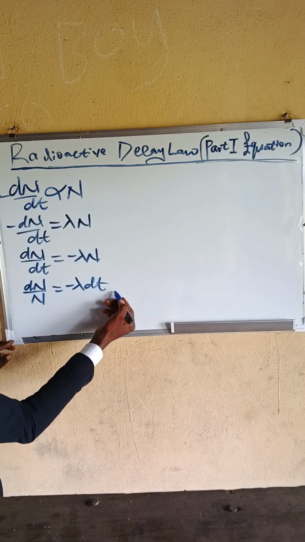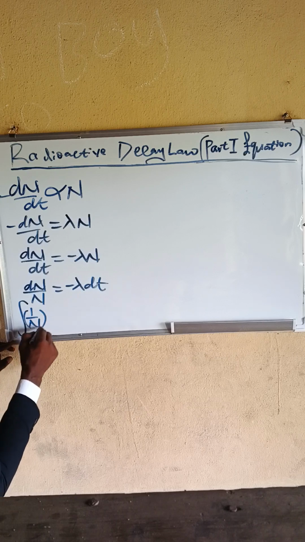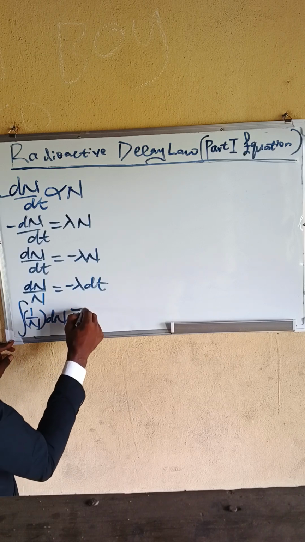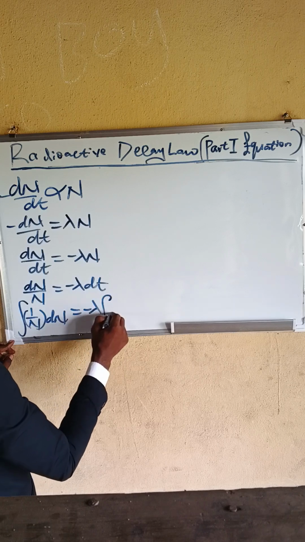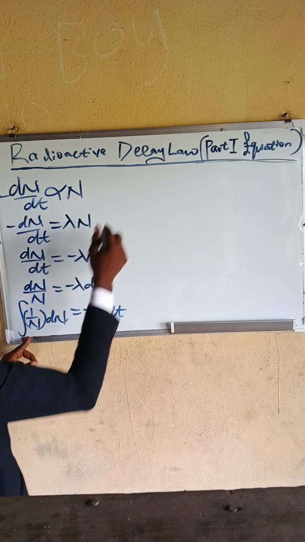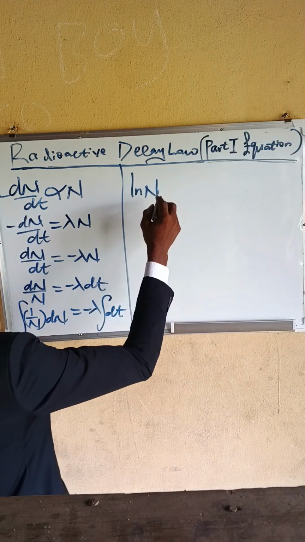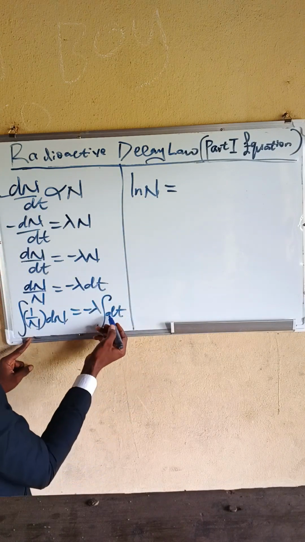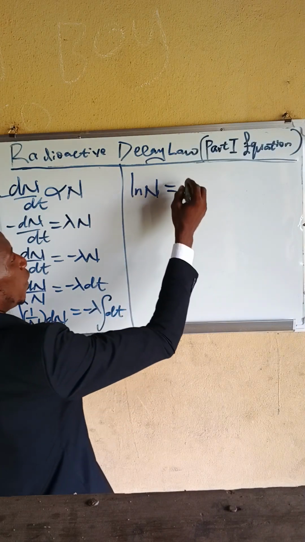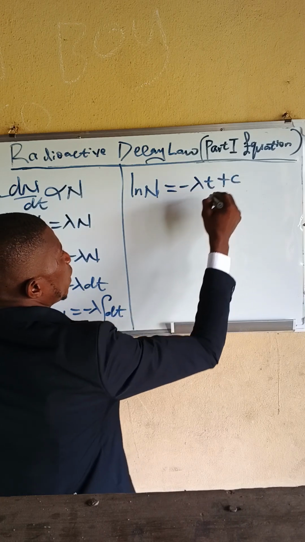Integrating both sides, the integral of 1 over N dN equals the negative decay constant times the integral of dt. Integrating gives ln N, the natural logarithm, which is equal to negative decay constant t plus c.